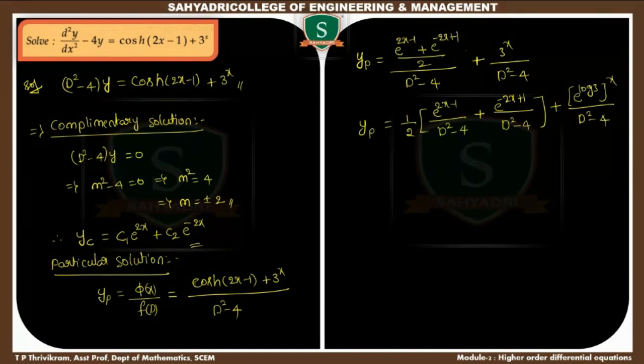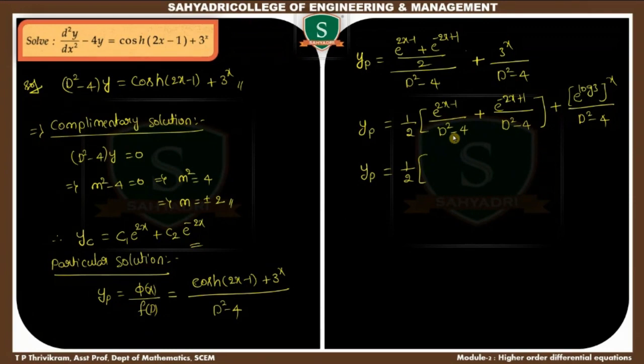The e and log get cancelled, 3 only we will get. So yp is equal to 1 by 2. Now if you substitute 2 inside d, what happens? Infinity. So you are getting infinity, right?